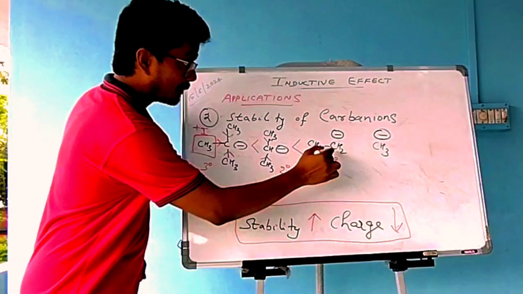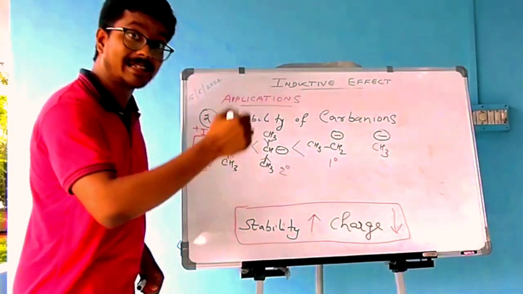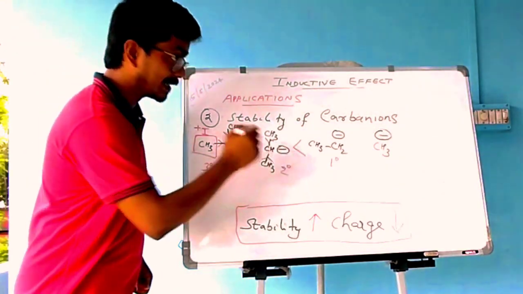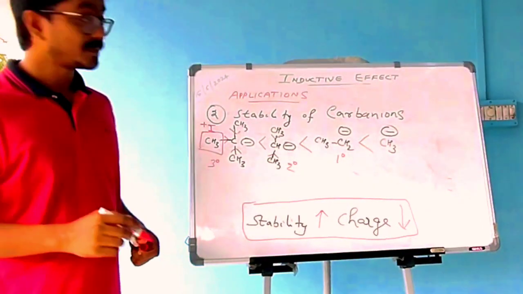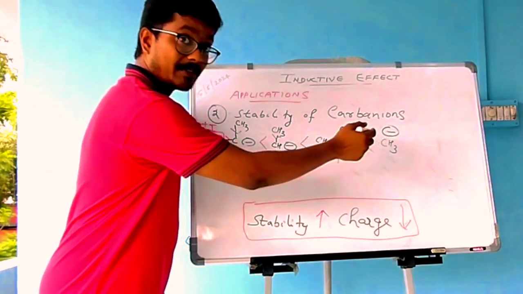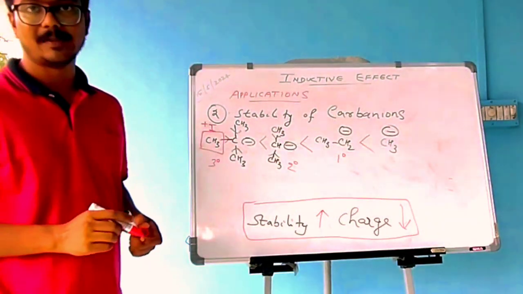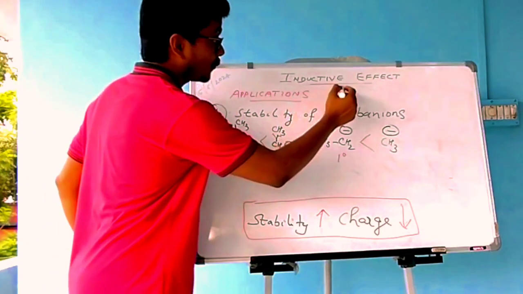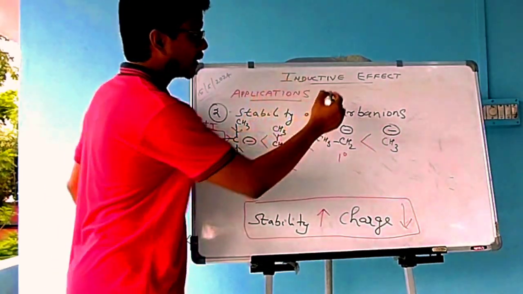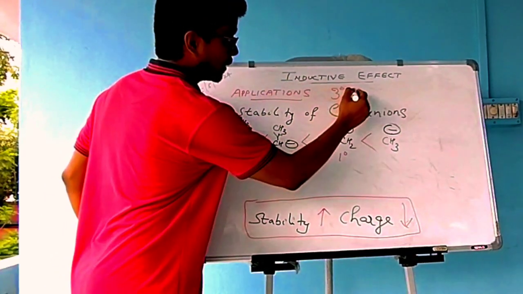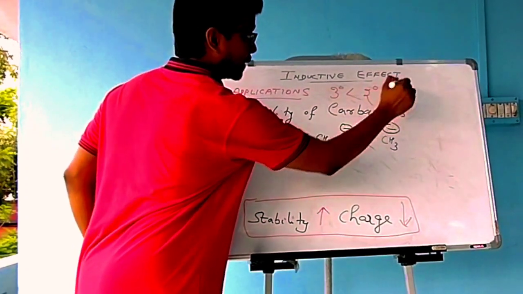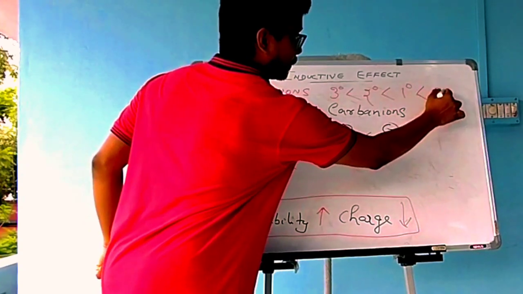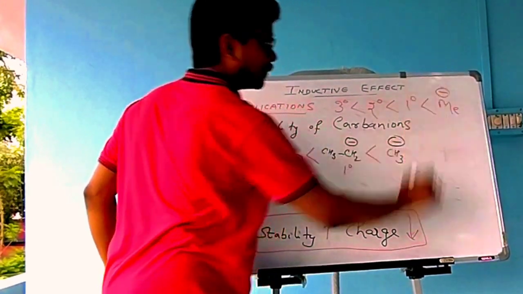Primary carbanion is in turn greater in stability than secondary, and methyl carbanion is highly stable because the plus I effect is negligible in methyl carbanion. So the order of stability for carbanion is as follows: tertiary less than secondary, less than primary, less than methyl carbanion.